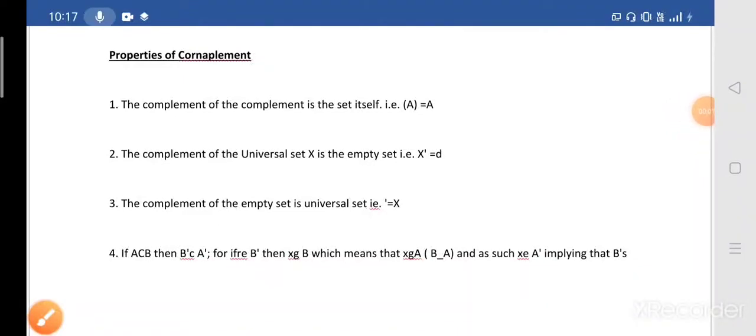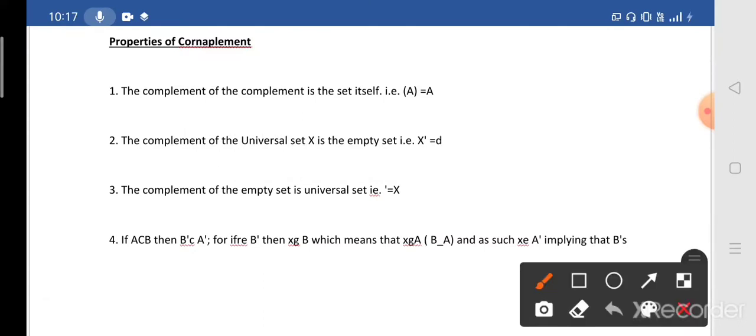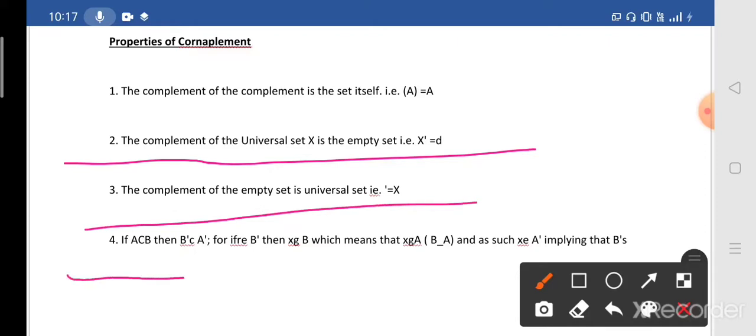The complement of the complement is the set itself: A dash dash is A. The complement of the universal set X is the empty set, that is, X dash equals phi. The complement of the empty set is the universal set, meaning phi dash equals X. Fourth property: if A is a subset of B, then B dash is a subset of A dash.